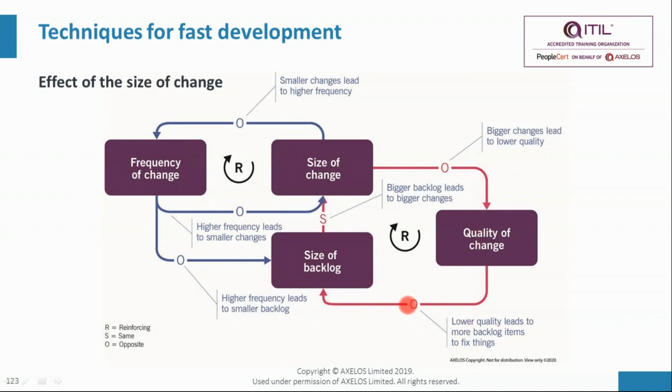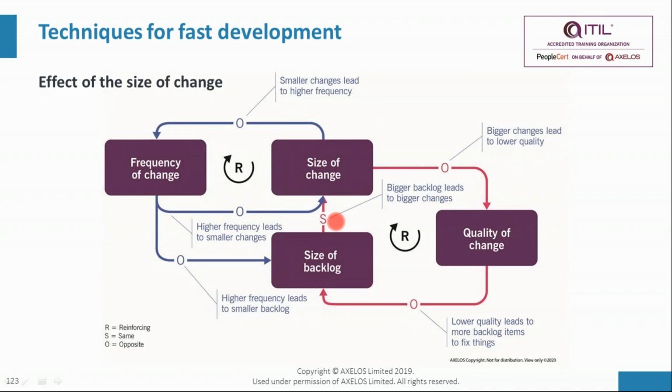Lower quality leads to more backlog items to fix things. Higher frequency leads to small backlog, meaning we are doing things faster. Changes are faster, therefore the number of things to do or pending is reducing. If the frequency is less, more and more will accumulate, so the backlog will be bigger.